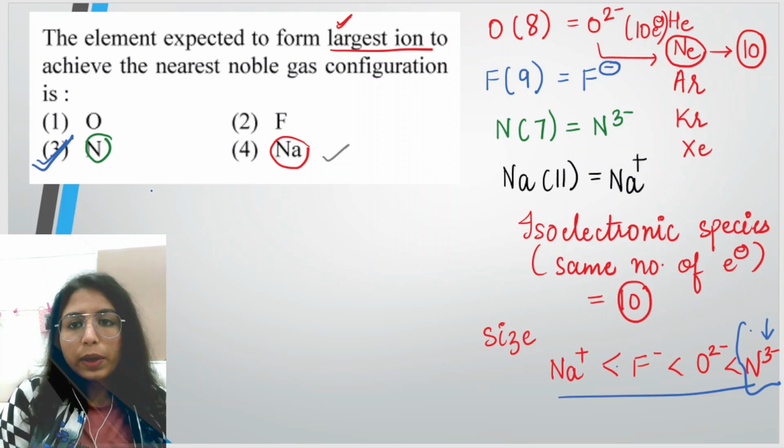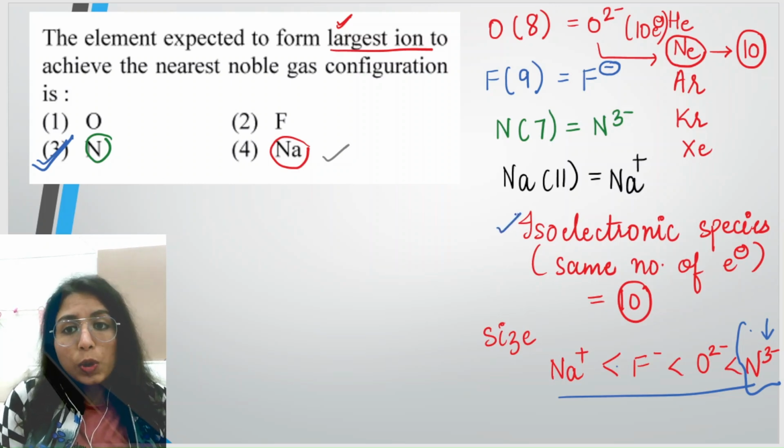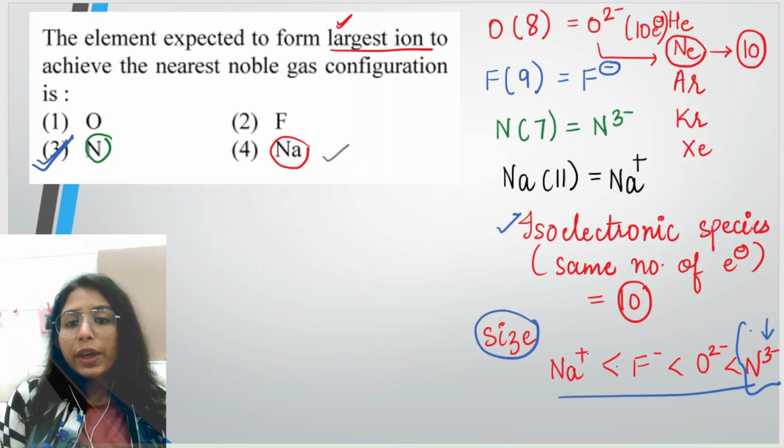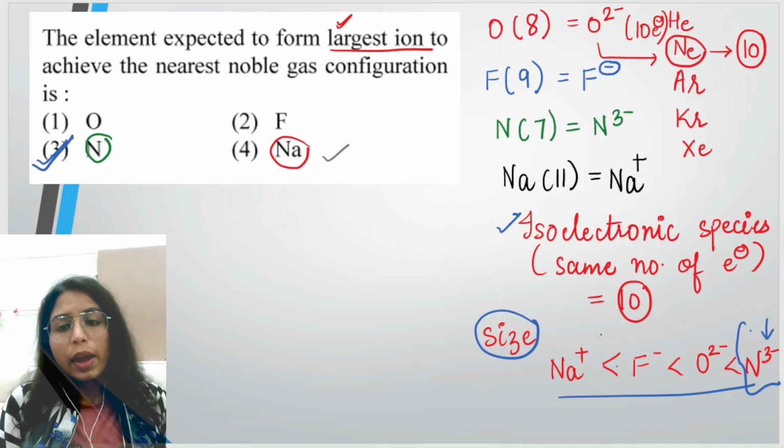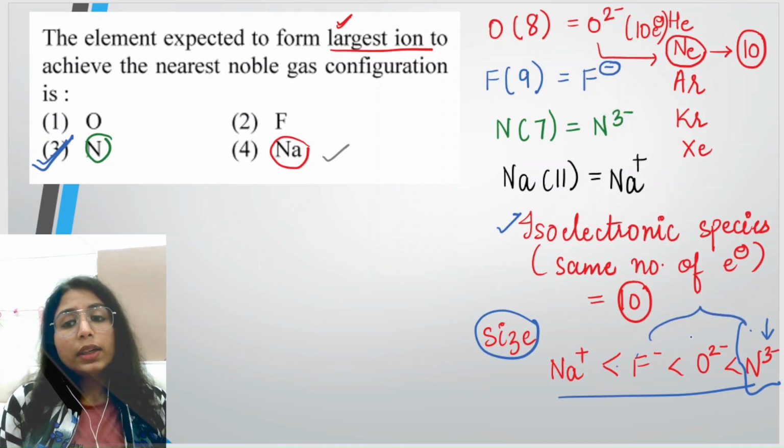So I hope you understood this question. Basically we used the concept of isoelectronic species and size: for a cation the size is smaller and for anions the size is greater, and amongst anions you choose the one having the greatest magnitude of negative charge.